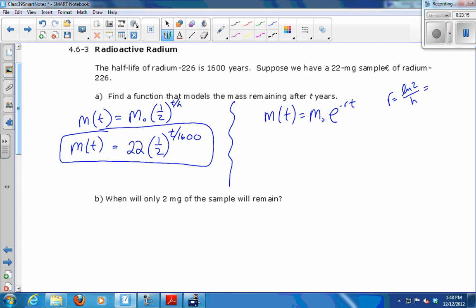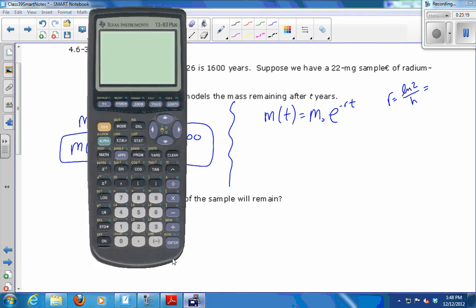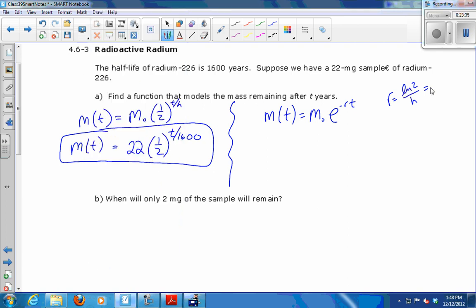So I'll just put that in my calculator. Ln of 2 over 1600. And I get 0.000433 approximately.